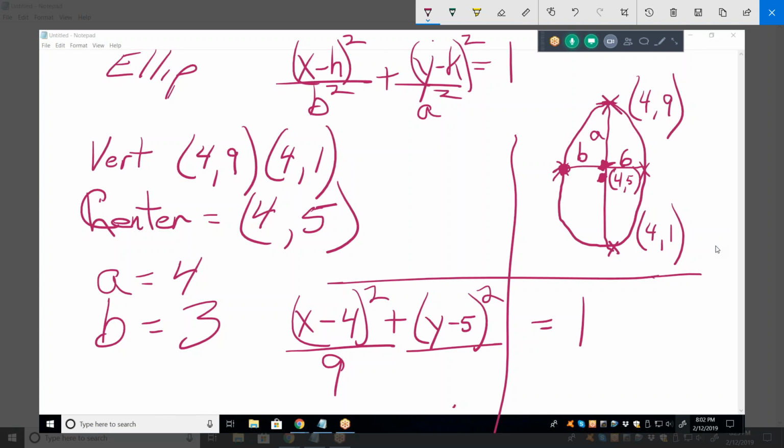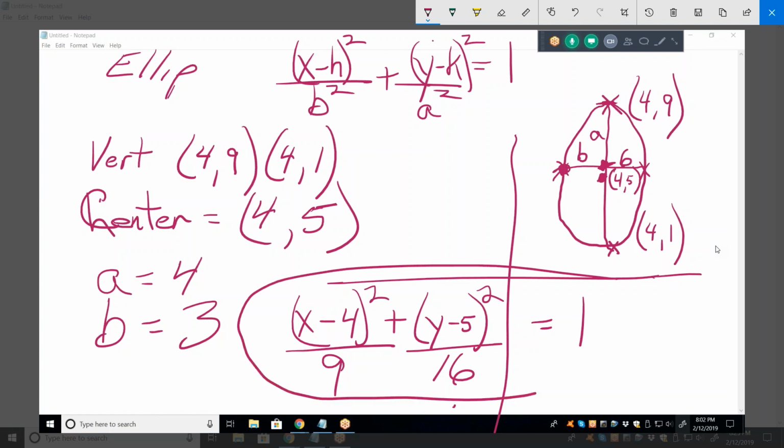And then under that it would be 16. And there you go. In other words, there's our answer. And notice why we still have an x and a y in there. Every point on the outside of that ellipse is going to fit this equation.